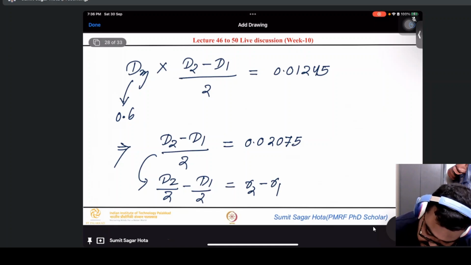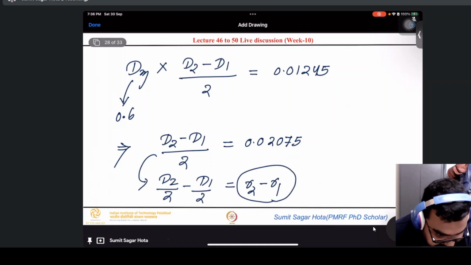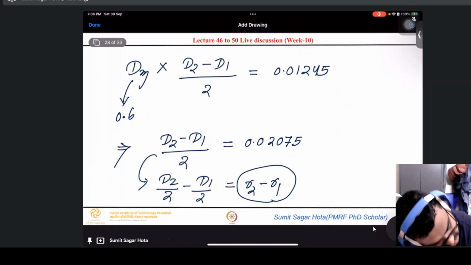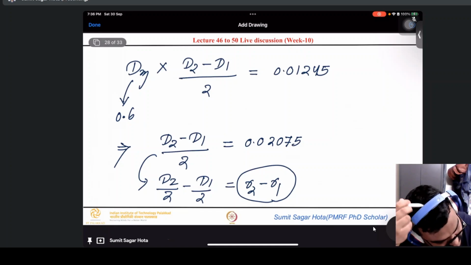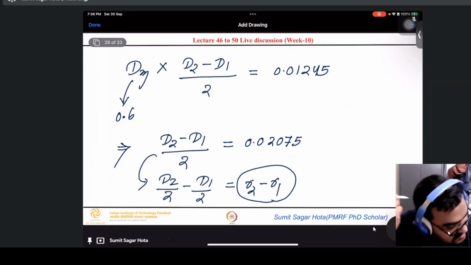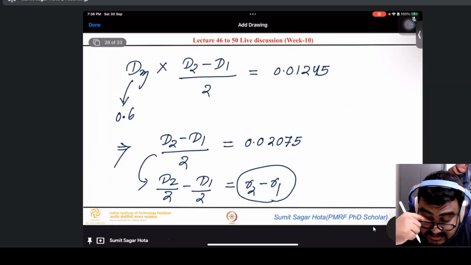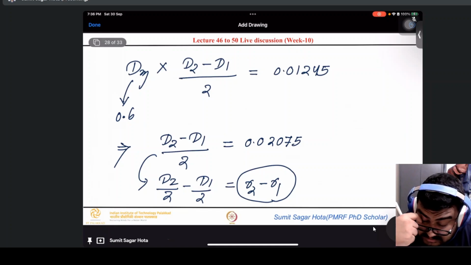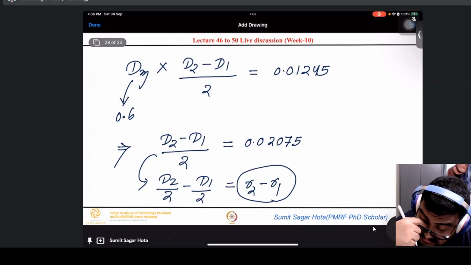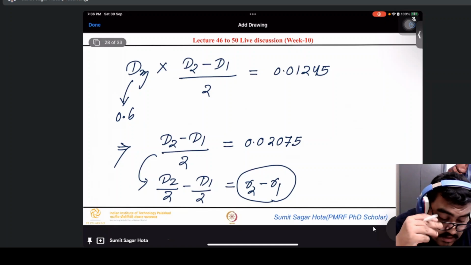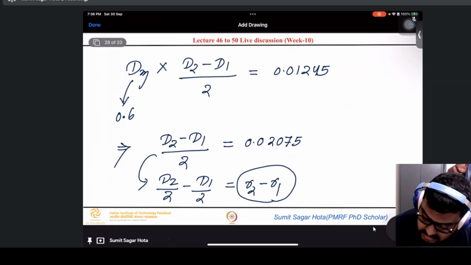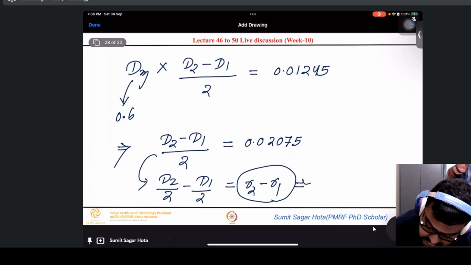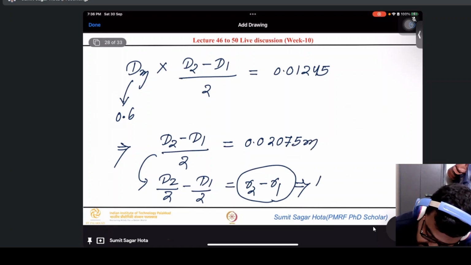So what is r2 minus r1? The difference between the inlet and outlet radius. What is it called? This is obviously your height of blades.